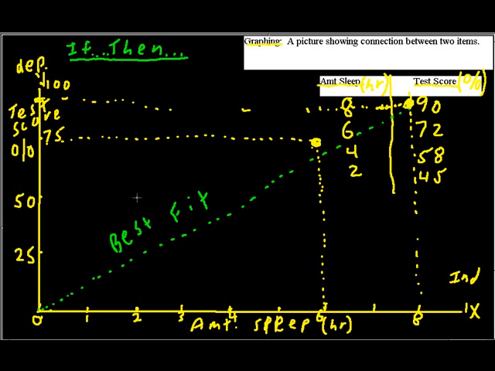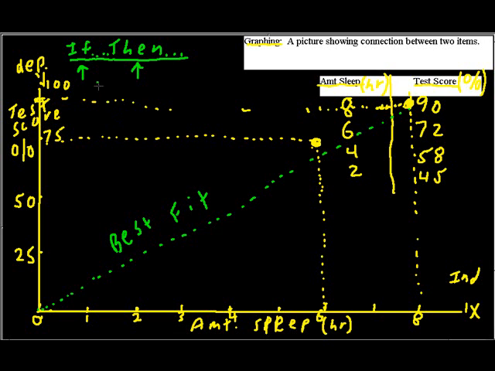So for this graph, the if-then statement says if the amount of sleep goes up, then the test score goes up. And so that would be the written statement you would write. You would write, if amount of sleep goes up, then the test score will go up. And that basically is a summary statement that one makes about the relationship.